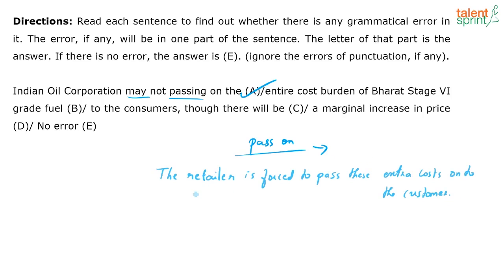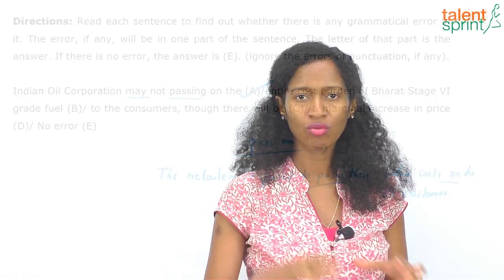In this example sentence that I have put down, the retailer is forced to pass these extra costs on to the customer. Another way of learning holistically, as in a complete picture of learning, is to also quickly learn if that particular phrasal verb is separable or inseparable.